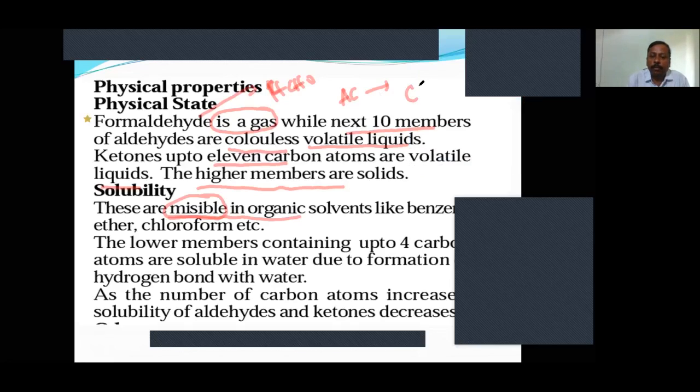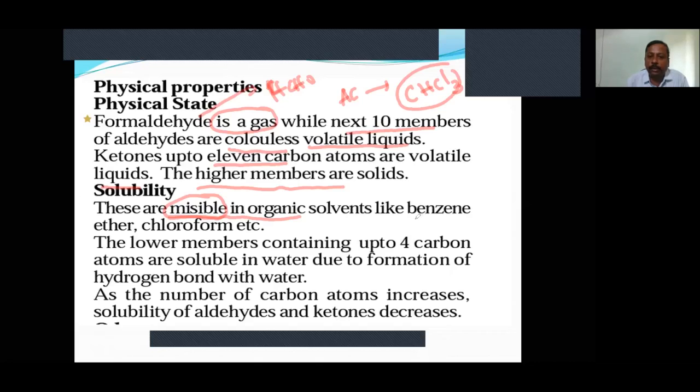It is an organic solvent. Some examples of organic solvents are benzene, ether and chloroform, and sometimes kerosene is also used. In these organic solvents our aldehyde will be soluble.